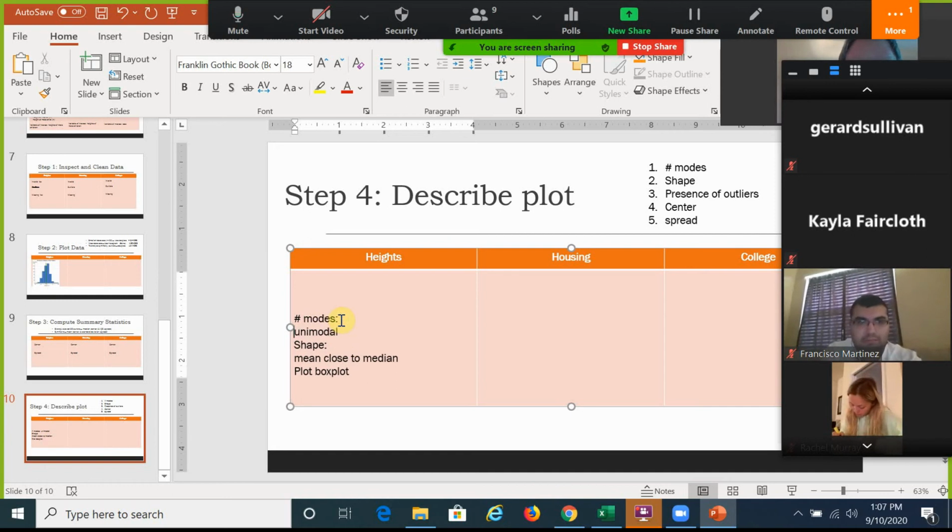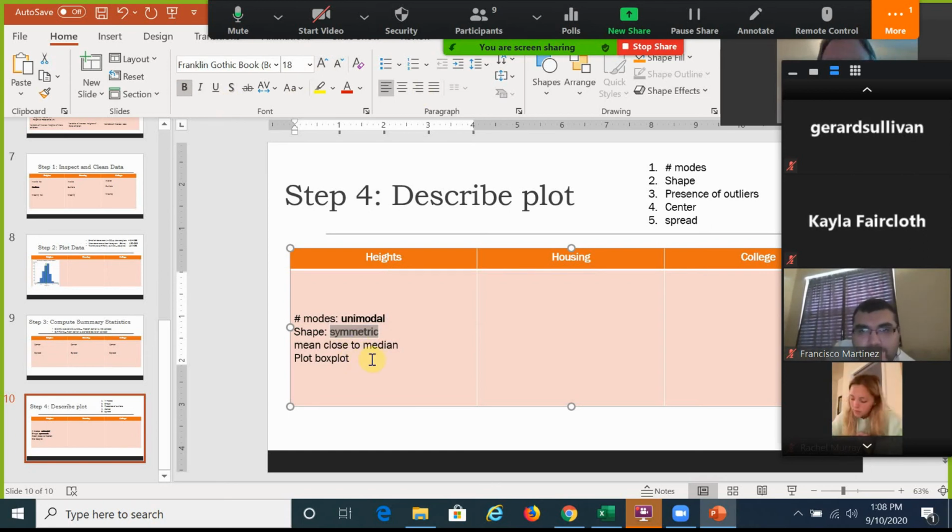And in our case, we can see that, in fact, it is unimodal and it's symmetric. I'll put this up here. And this is symmetric. Notice this is why it's called exploratory data analysis, right? You can't just look at the data and tell this. You really have to play around with it.